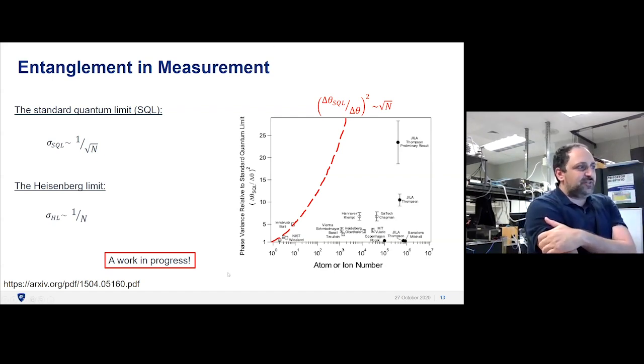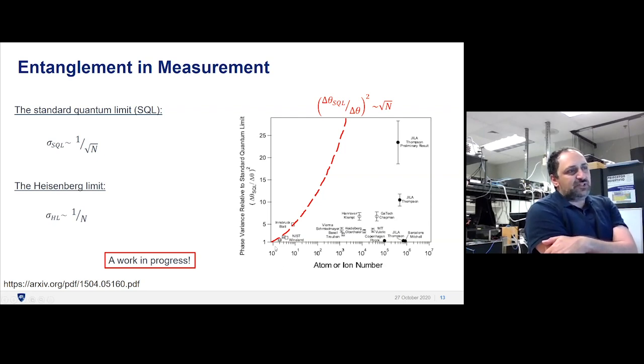So this is data from a recent paper where they were using atoms to measure the phase of an electromagnetic signal. And here you have the uncertainty, the phase variance relative to the standard quantum limit.